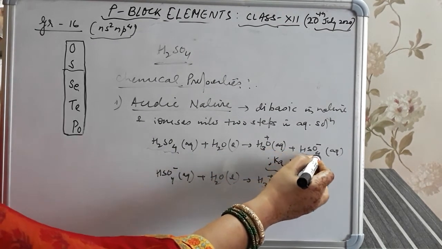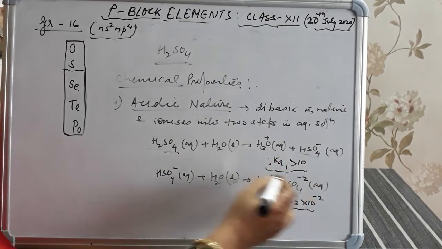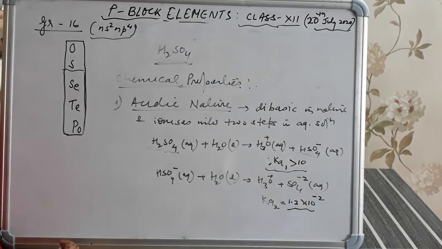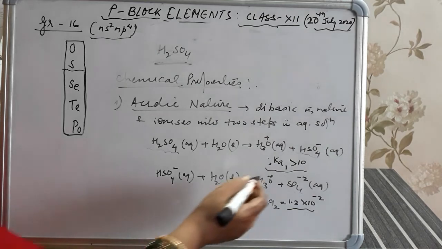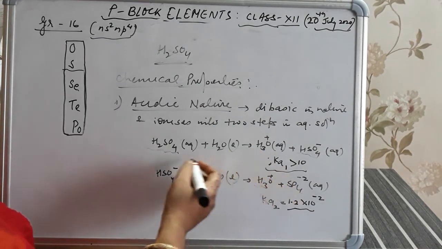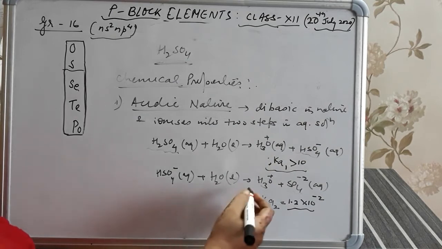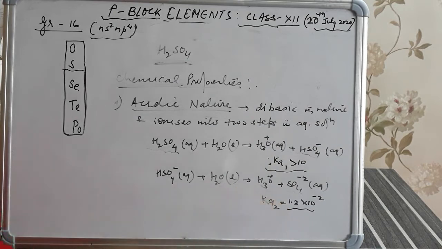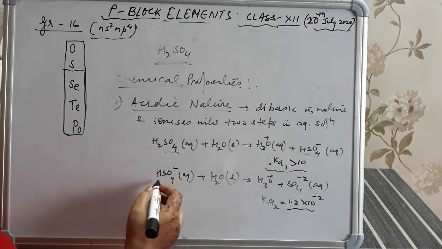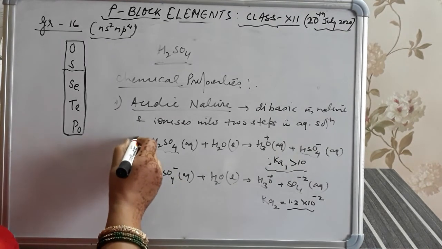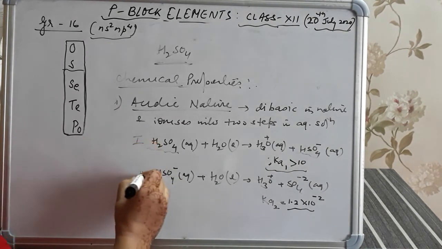bisulfate and sulfate. So in this way we can clearly explain their nature. The first acid dissociation constant is greater than 10, whereas the second is found to be 1.2 into 10 to the power minus 2. This is the first step, students, and this is the second step.